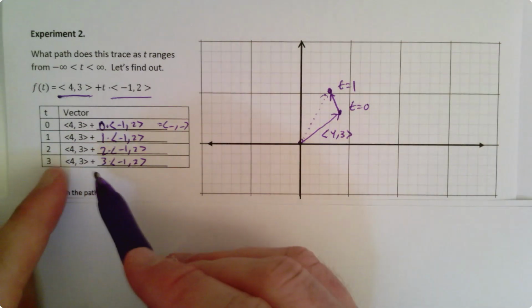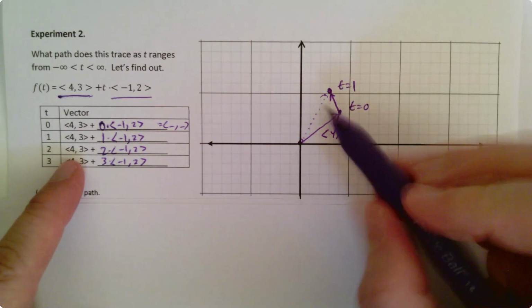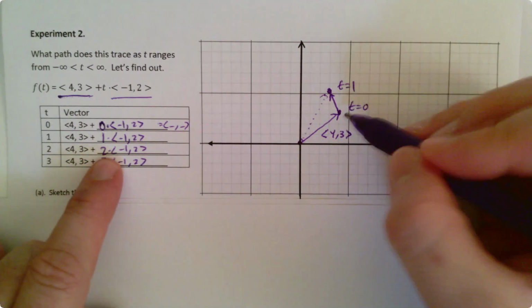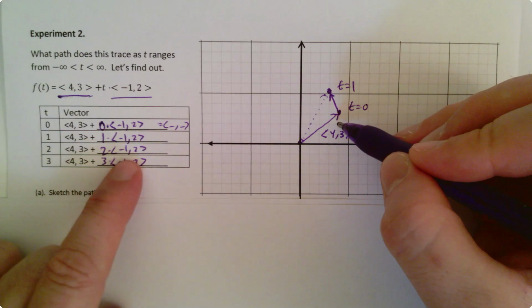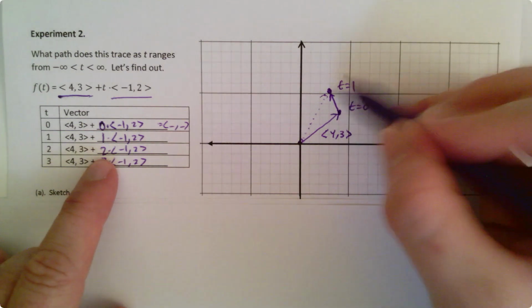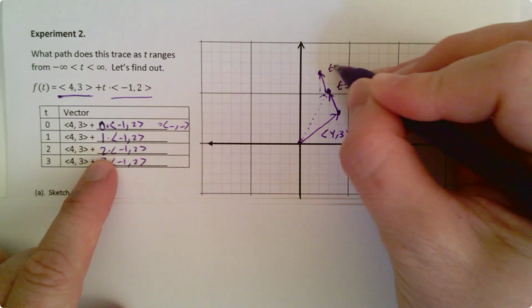Okay, let's do another one. What if t equals 2? So you could think about this two ways. I could do the 4, 3 displacement, and then you could think about this as doing 2 of the -1, 2 displacements. So I could do a -1, 2, and then I could do another -1, 2 like this, ending me here.